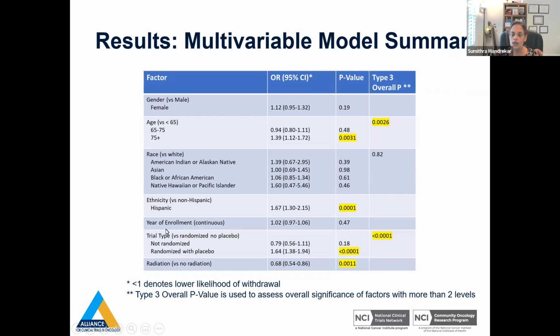Our initial thought was that year of enrollment would be significant, but maybe that is no longer important, because as the years roll by, we know that we're doing more complicated trials. We are probably enrolling different types of patients. So maybe it's not the year of enrollment, but other trial factors that contribute to patient withdrawal of consent.